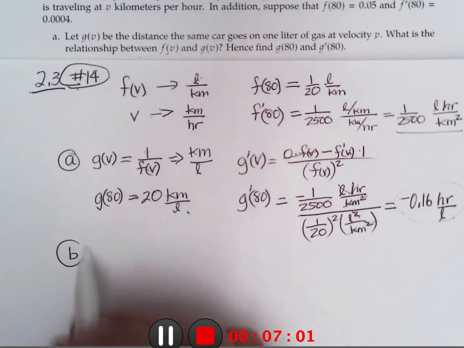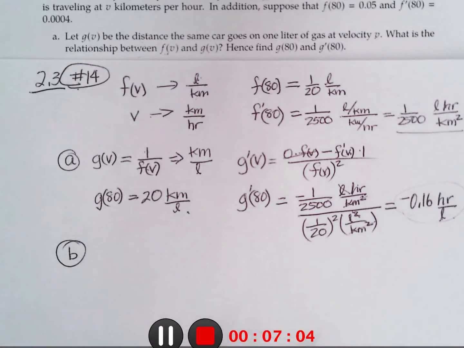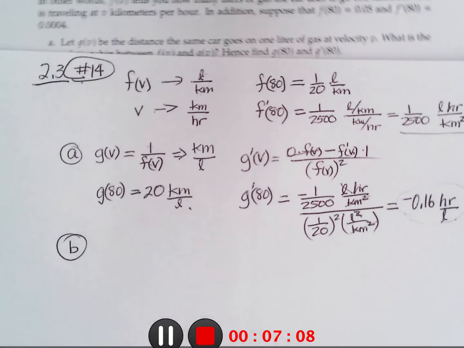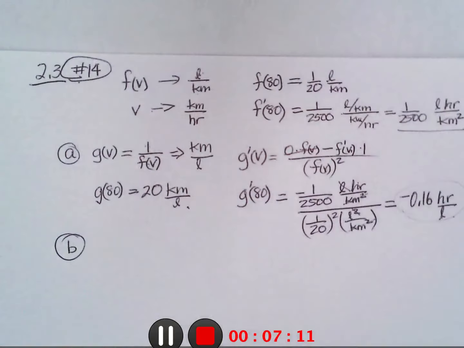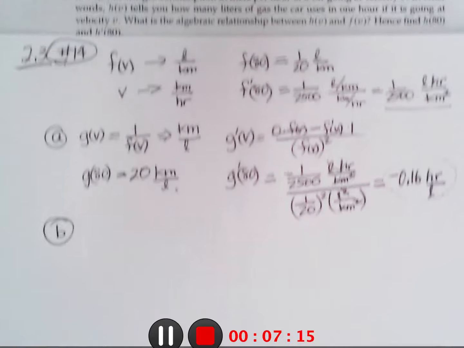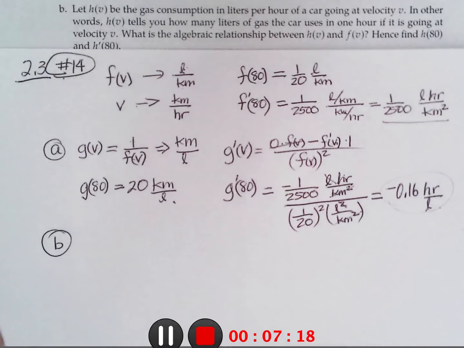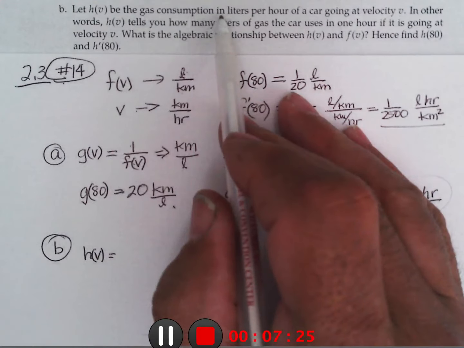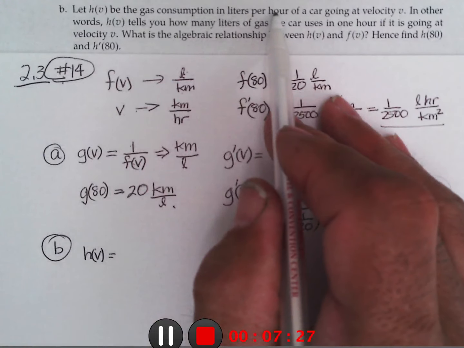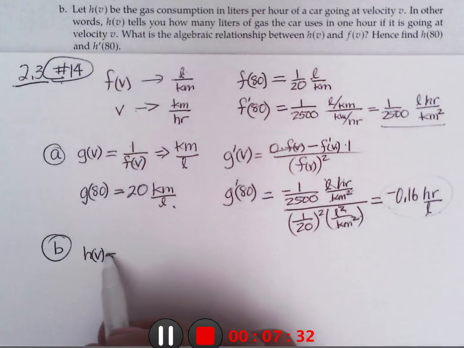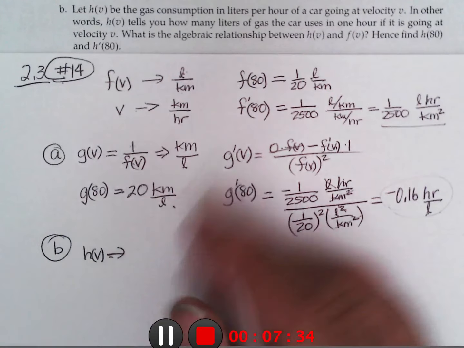Okay, B. Let H of V be the gas consumption in liters per hour of a car going velocity V. So this is going to have the units of liters per hour.